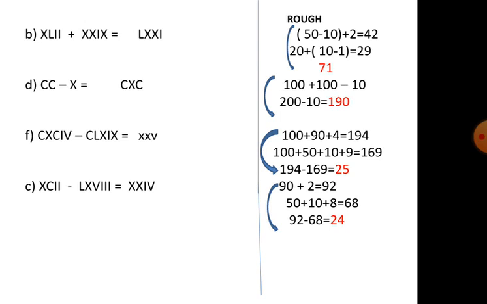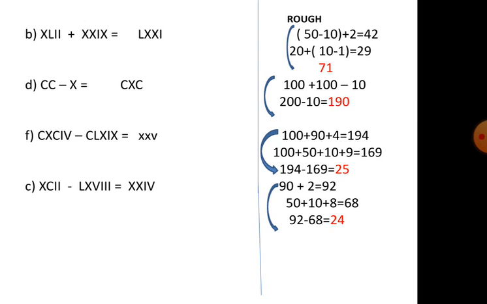Number B. XLII plus XXIX. Now XLII. It has been said that X when written to the left of L or C, we will subtract it. So here L is 50, X is 10. So it will be 50 minus 10, plus II means 2. 50 minus 10 means 40, plus 2, 42. And XXIX. XX means 10, 10, 20.